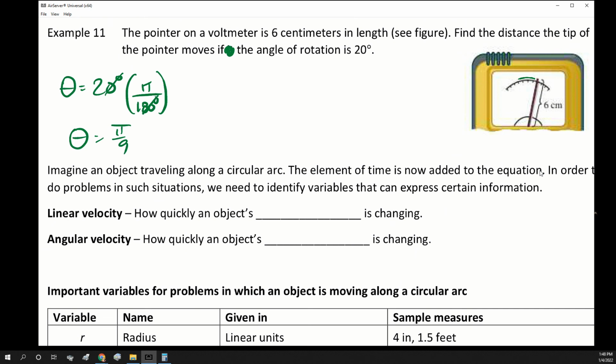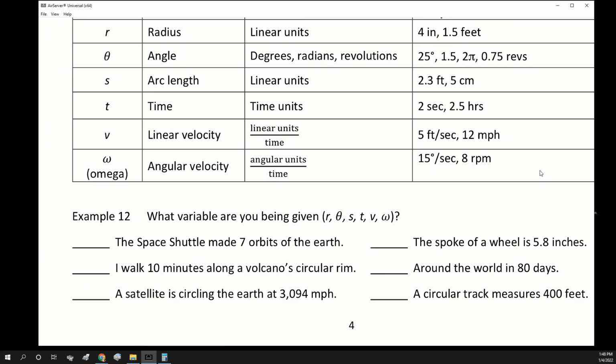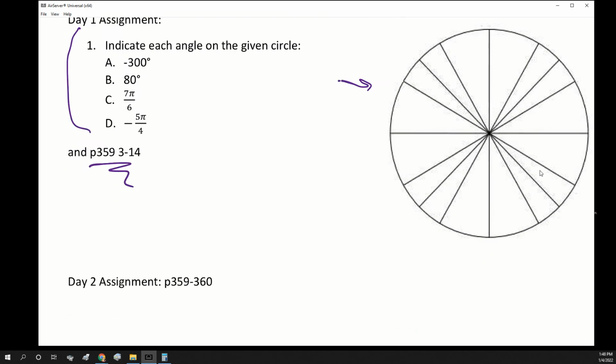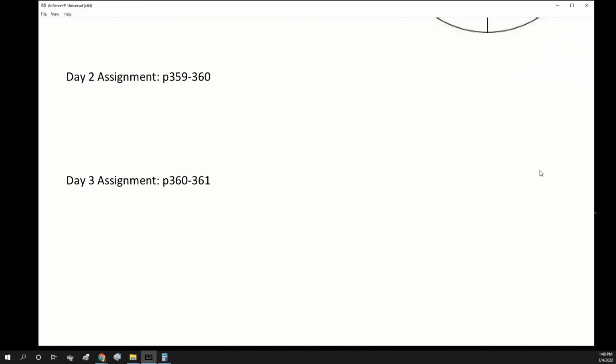All right. So then our arc length is going to be our radius times theta. Our radius is 6. Our theta is pi over 9. So that's going to be 2 pi over 3 centimeters. Now remember, arc length is just a linear unit. Area is a squared unit.